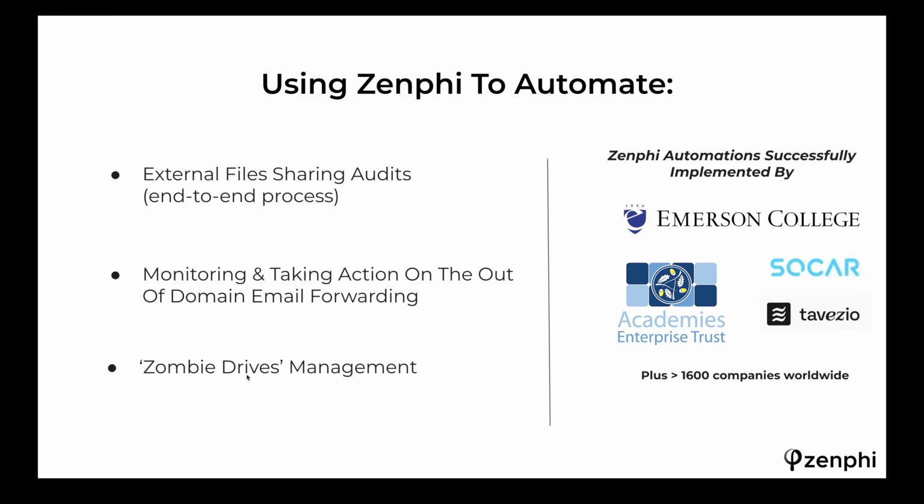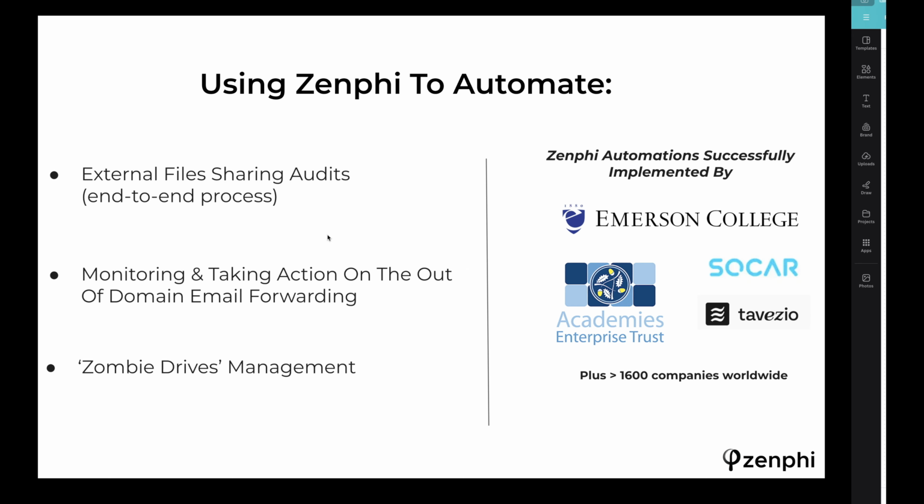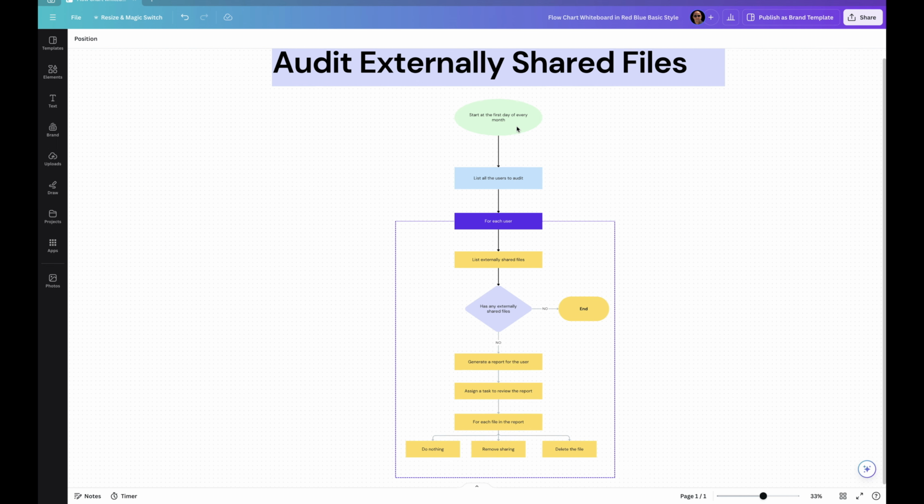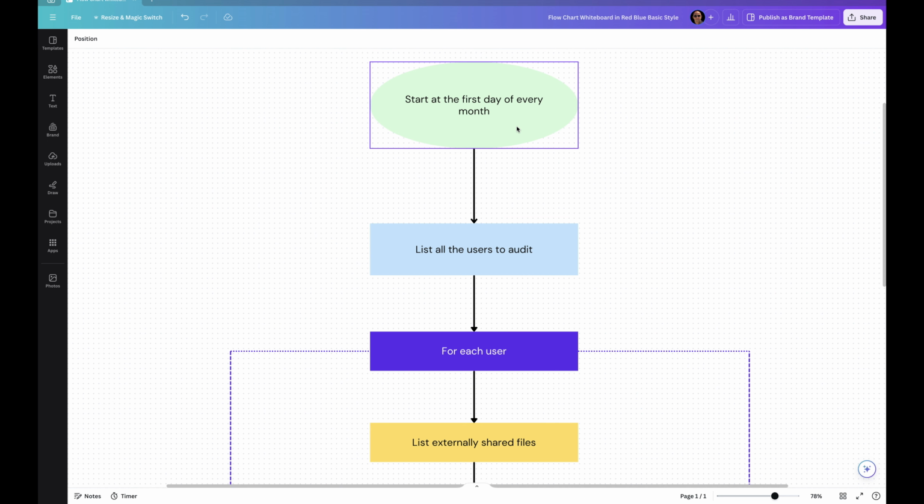So, okay, without further ado, let's just start looking at the first use case we want to automate, which is auditing externally shared files on Google Drive. Now, before jumping to Zenphi, I want to show you the simple flowchart of the process that we're going to automate. So basically, the idea is that we want to create a process which runs on the first day of every month.